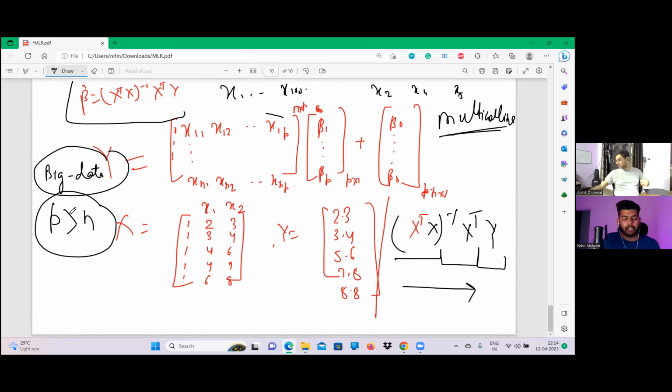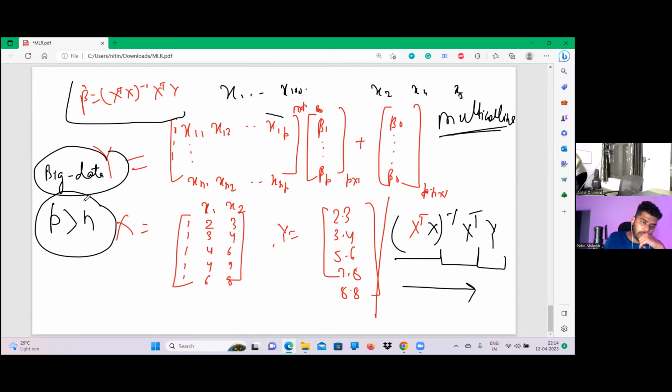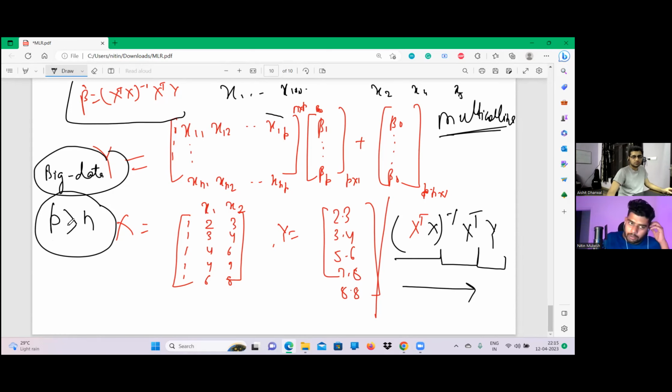But in that case also you can use ridge regression, because ridge or lasso, you can use both, and that will do the work. For that we also have other methods at a higher level, but that is a very unnatural case. That is a very absurd case, and that is dealt with separately.